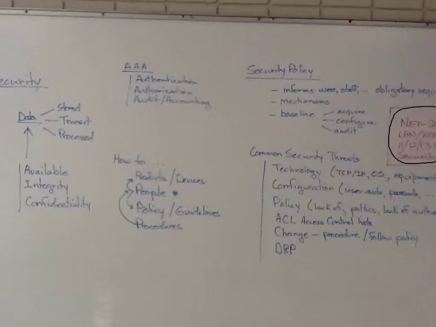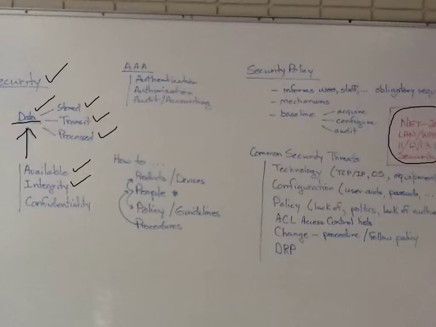Alright, so we reviewed some key things first. We talked about security, and we started out talking about data. We didn't say much about data, but the fact that we need to be concerned when data is being stored, when it's in transit, and when it's being processed. Why do we have to worry about that? Well, we need to make the data available.